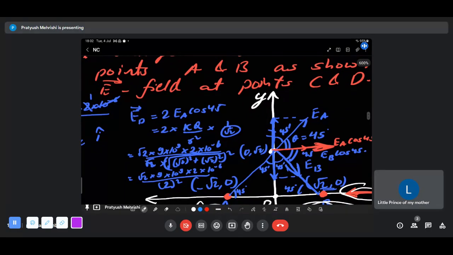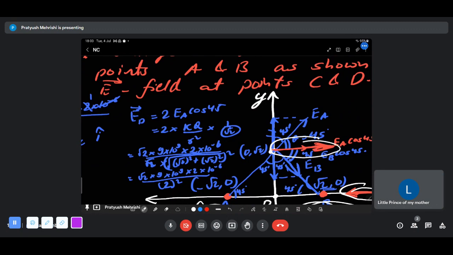Now electric field at point D. For point D, we know that the electric field will be in their respective directions, due to A and due to B. Now these two will have vertical components like this. These vertical components will cancel out. What will remain? Only the component along the positive x direction.